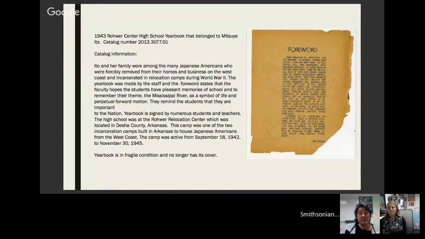And I think of all the people who were there, only one family stayed. Everybody else went home. You can read the information here about the dates and more about the camp. Arkansas has done a good job of documenting the history of these camps, so there's additional information if you go to the Arkansas archives, if you want to learn more about those specific internment camps. But let's look at the yearbook.